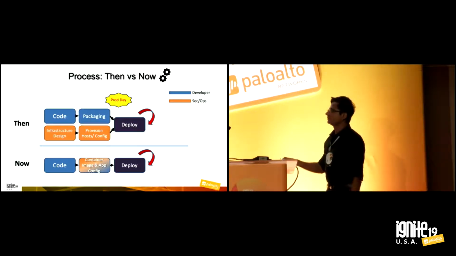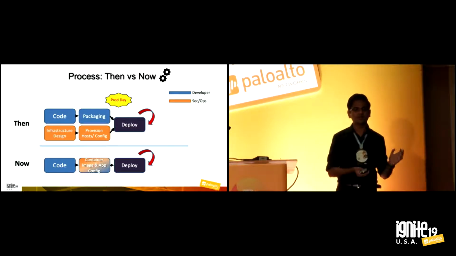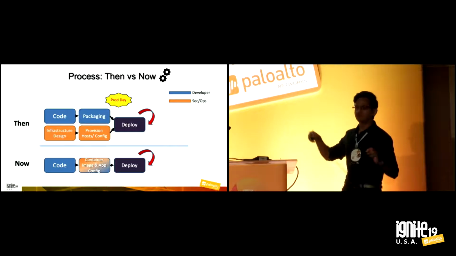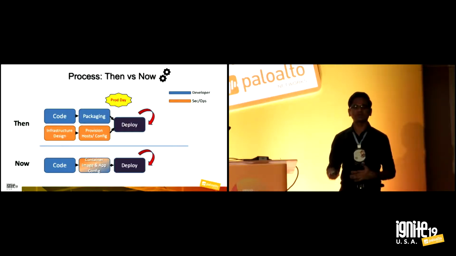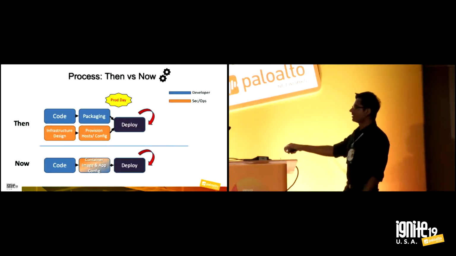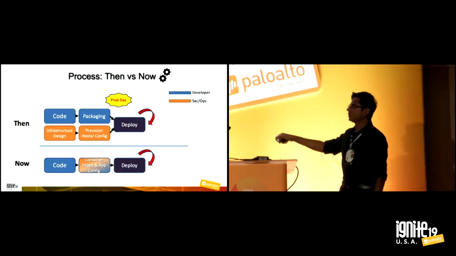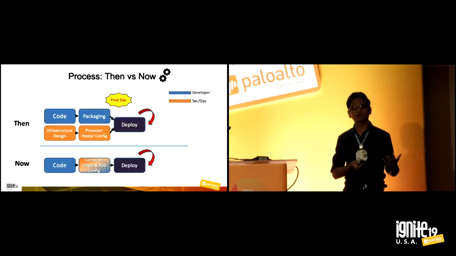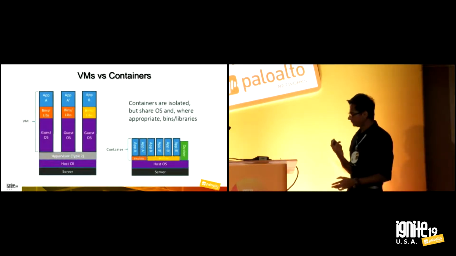This is the time axis. Developer hides in a corner, writes some code, does the packaging, has RPM packages or something. At the same time, your security and ops team, they're designing the infrastructure, provisioning hosts, configuring, securing things.